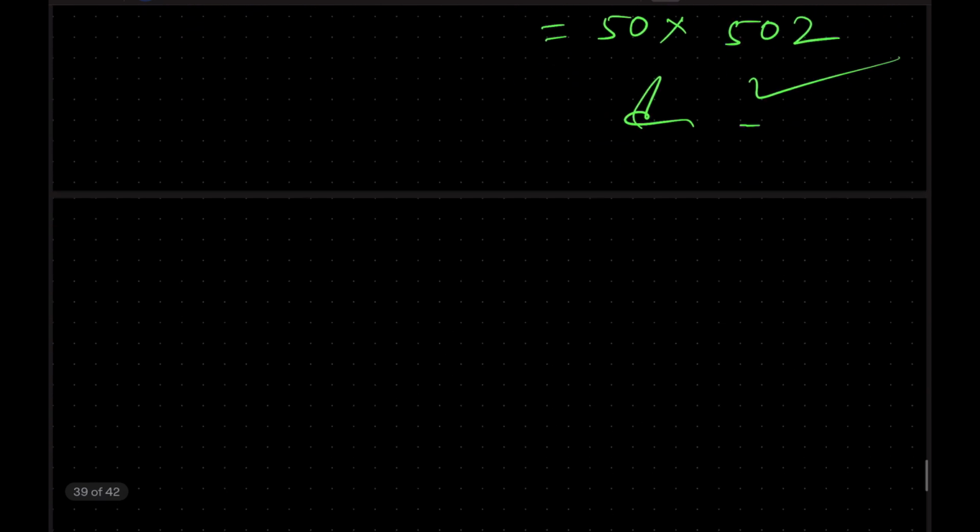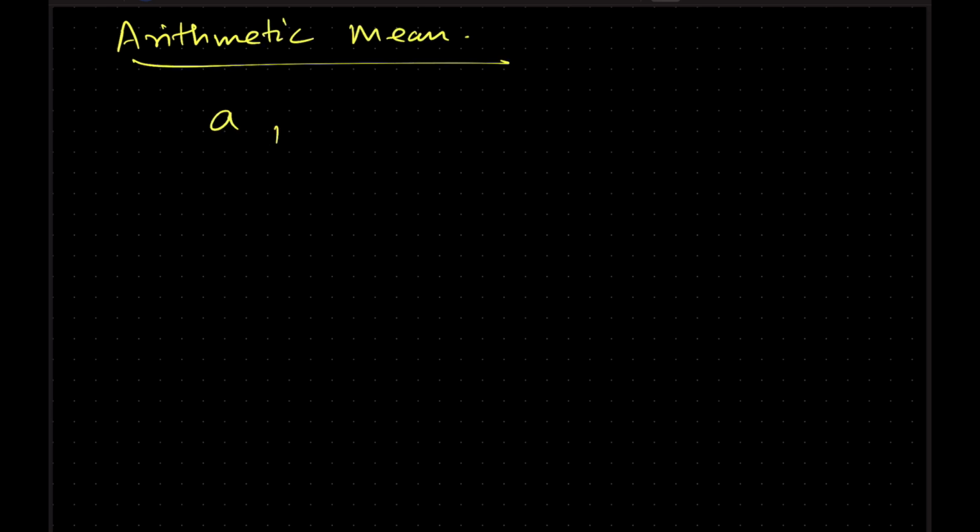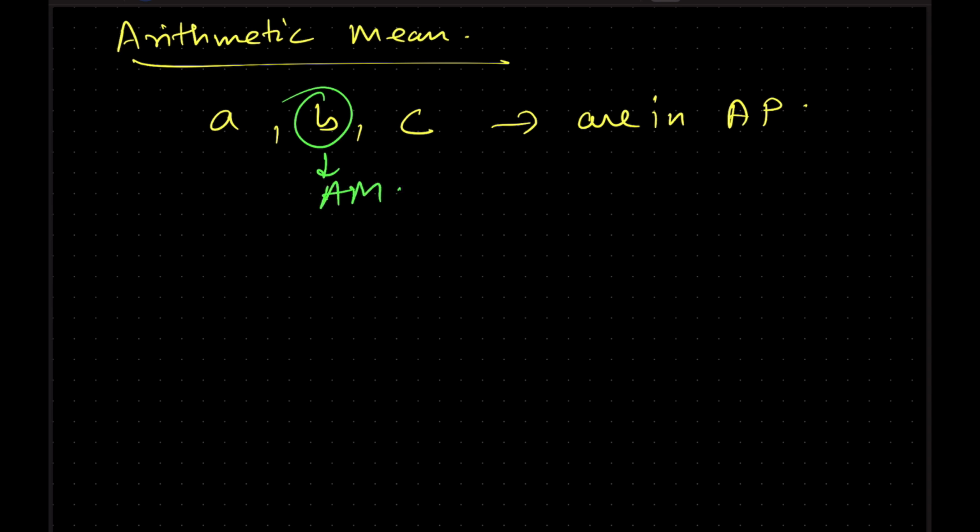Now we will see one more thing. What is the arithmetic mean? If A, B and C are in AP, then the middle term is called the arithmetic mean. So let's find a relation between all three terms.